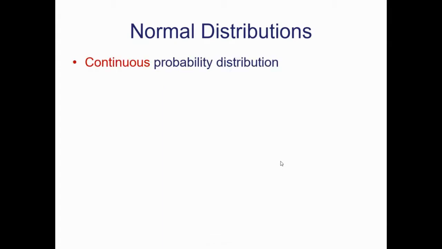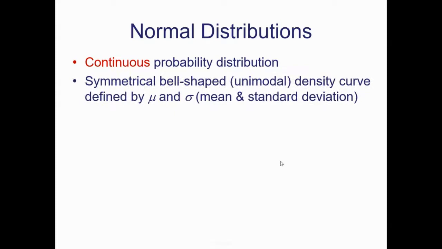So the normal distribution is probably the most infamous continuous probability distribution. It's symmetrical and bell-shaped, and is defined by mu and sigma, the mean and standard deviation. Regardless of what our mean and standard deviation are, the area under the curve will always equal 1.